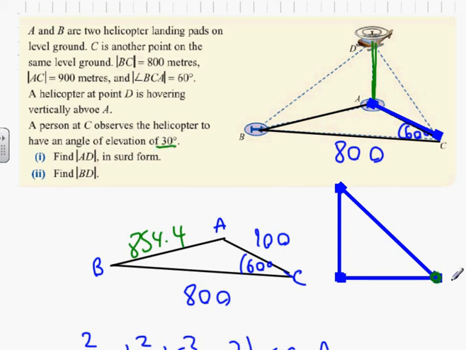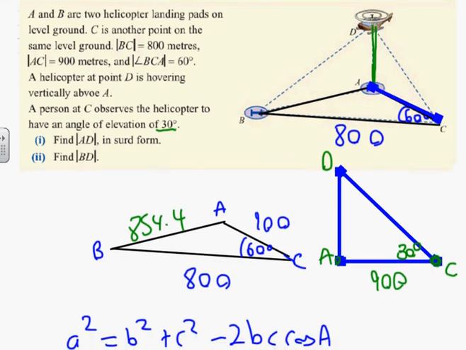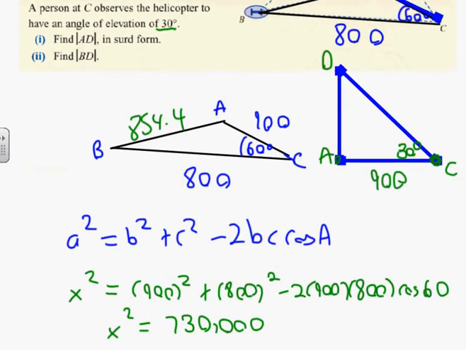So this person at C here sees it at 30 degrees, and this is the helicopter at point D, and this is point A. We already know that AC is 900.